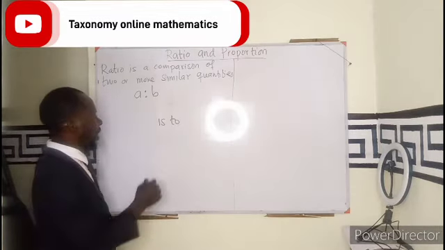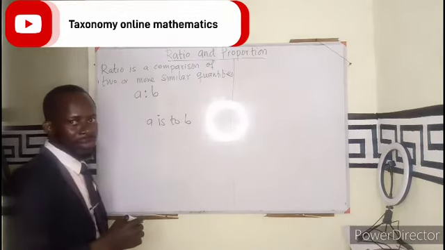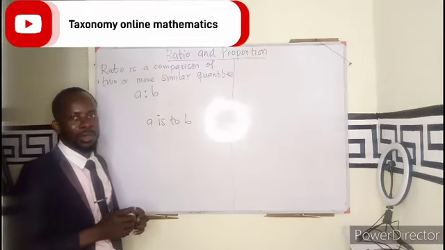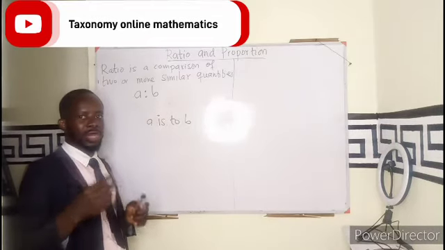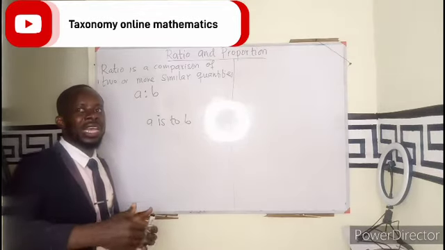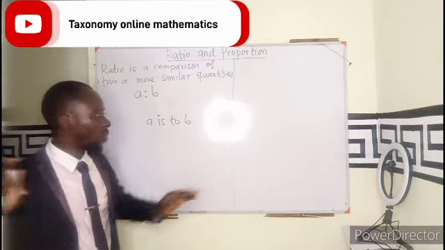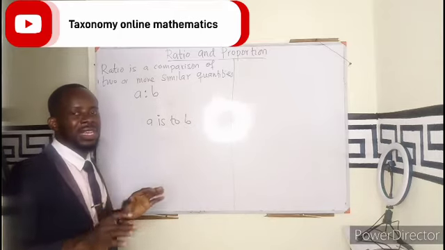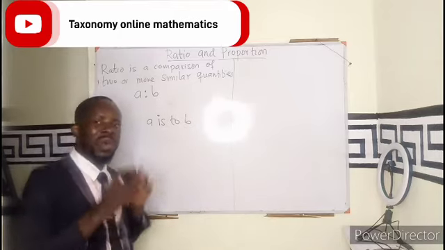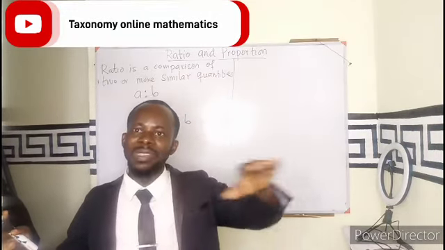So A is to B, as in this form. If I am comparing any ratio, A is standing in for a quantity and B is also standing in for another quantity. So if I am having two quantities, all I need to know is that the quantities must be in the same unit, or they must be similar.